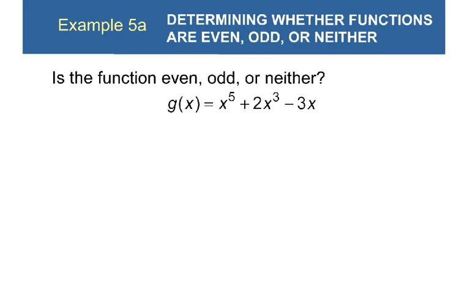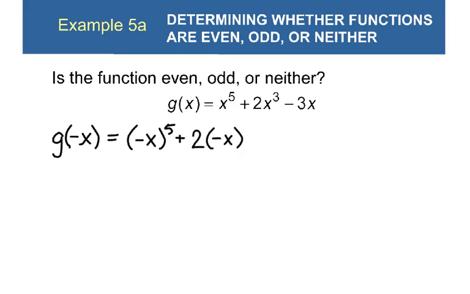So here we are asked to find whether our function is even, odd, or neither. We're going to start out by replacing all of our x values with negative x. Replace the x inside our g of x with negative x, and then every other x in here, replace with negative x.